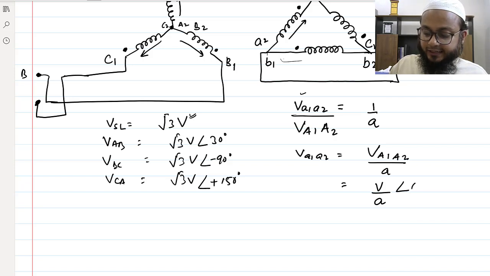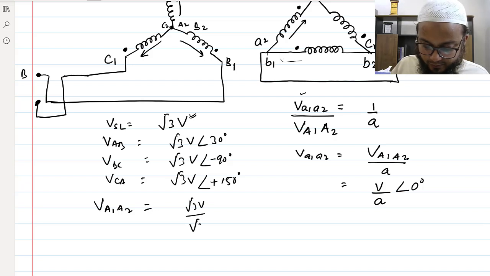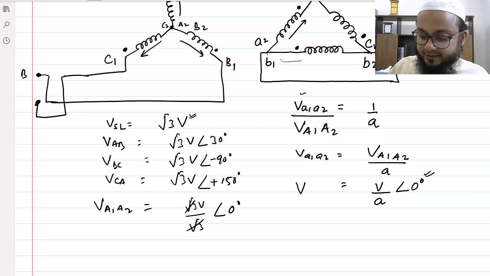and that also at an angle 0, because here the phase voltage VA1A2 would be root 3 V divided by root 3 at an angle 0, right? This would be V angle 0. So this is V by A at an angle 0. So the secondary side phase voltage is this ratio, va1a2, and this is the phase voltage, right?